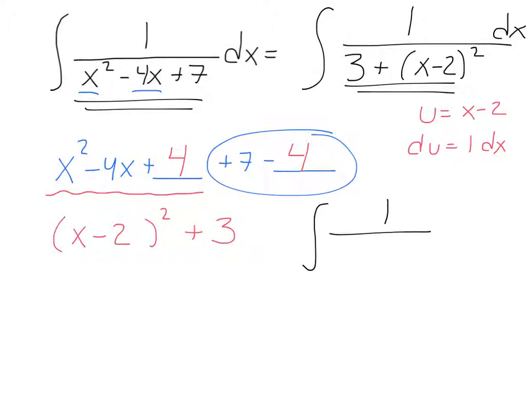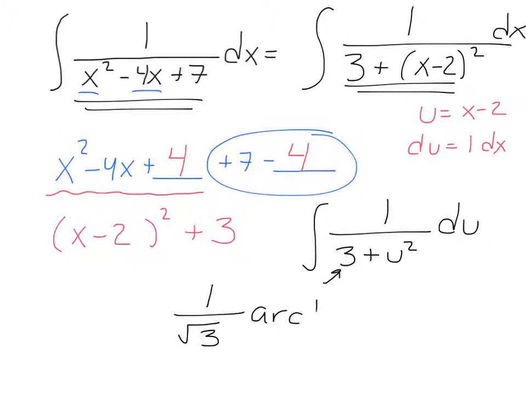I get 1 over 3 plus u squared du. That is the arctangent of 1 over the square root of 3. 1 over a. Remember, this is a squared, so a is root 3. Arctangent of u over a plus c. And again, I'll go ahead and replace the u with the x minus 2.